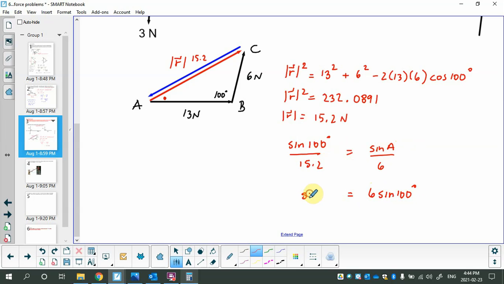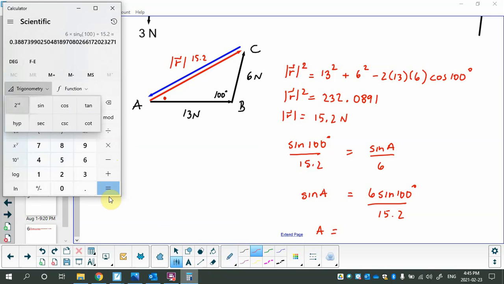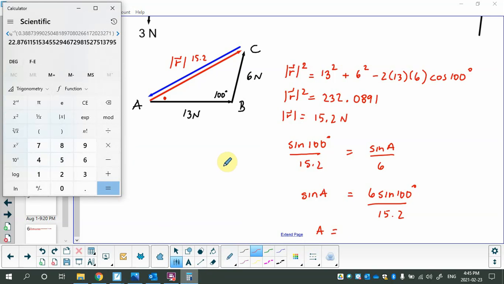And I'll have 15.2 sine A over here, so I'll have to divide by 15.2. And eventually I'll spit out A. So 6 times the sine of 100, divided by 15.2 equals, second function sine. I get 22.9 degrees.